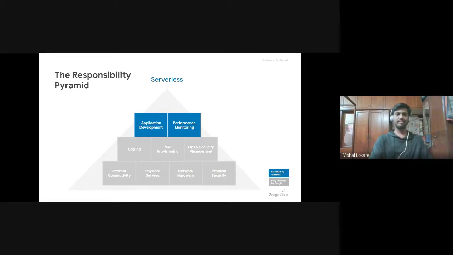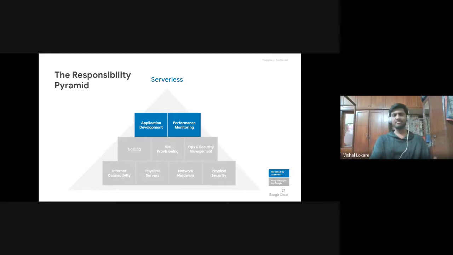Okay, this is the pyramid of serverless computing, which shows what has to be managed by the user and what will be taken care of by Google. As I said, GCP is more of an IaaS and PaaS. They only provide infrastructure and platform, so you have to develop your own application.